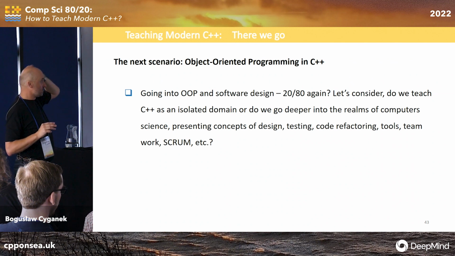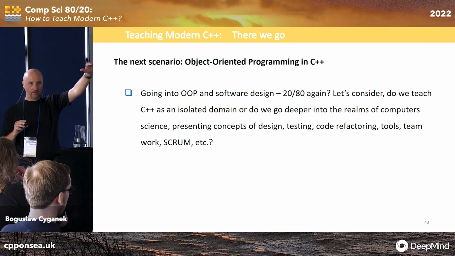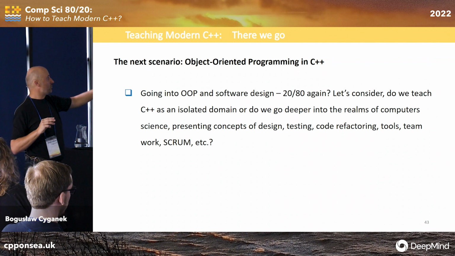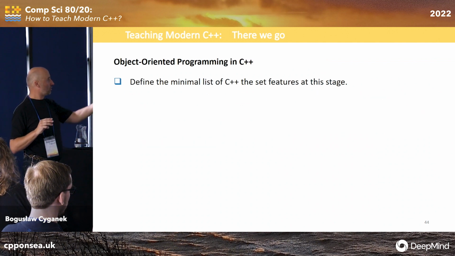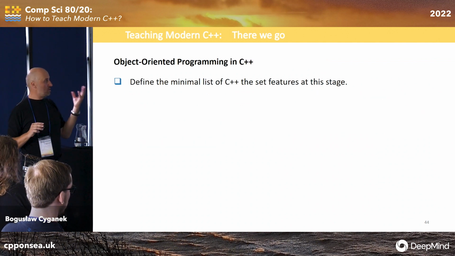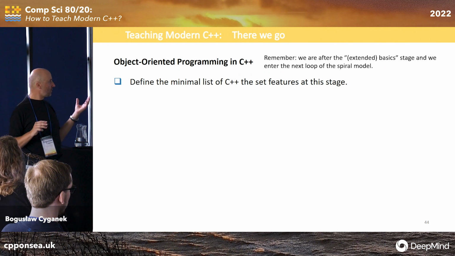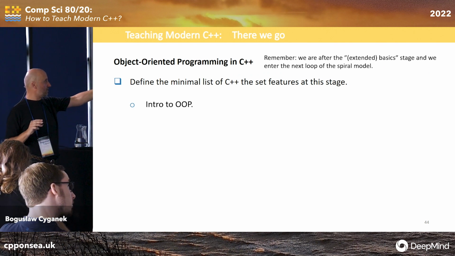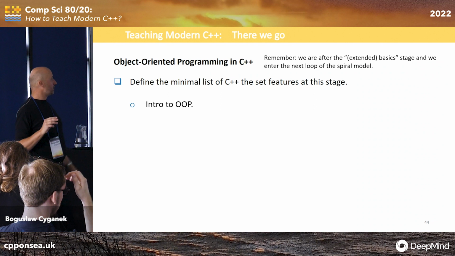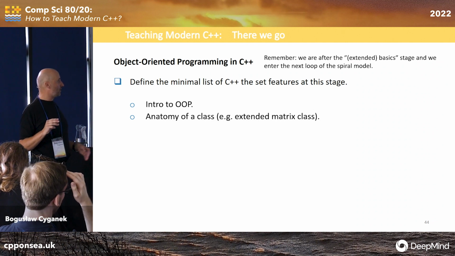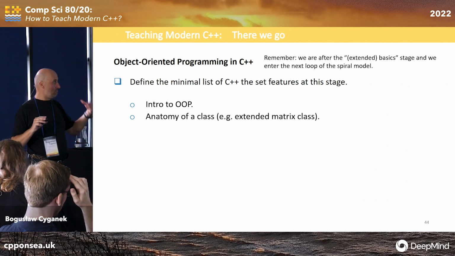So now we have this scenario, a little bit upper level, object-oriented programming. So what to concentrate on? So the minimal list will be certainly, remember we are building on top of previous lectures, so intro, object-oriented programming, anatomy of a class, more about classes.